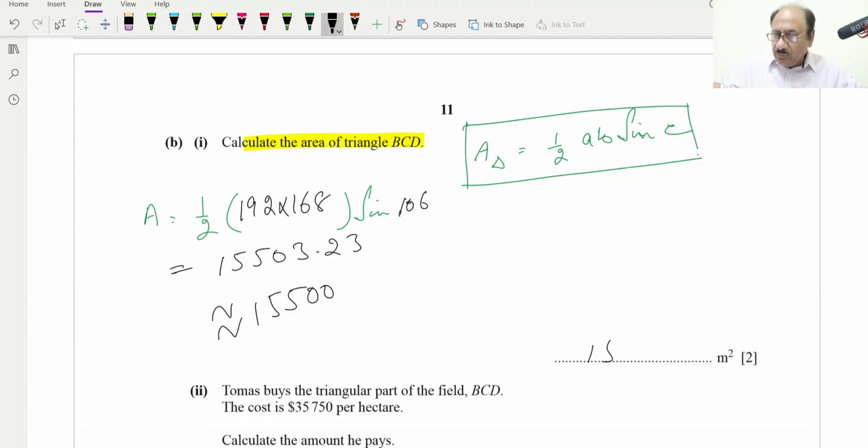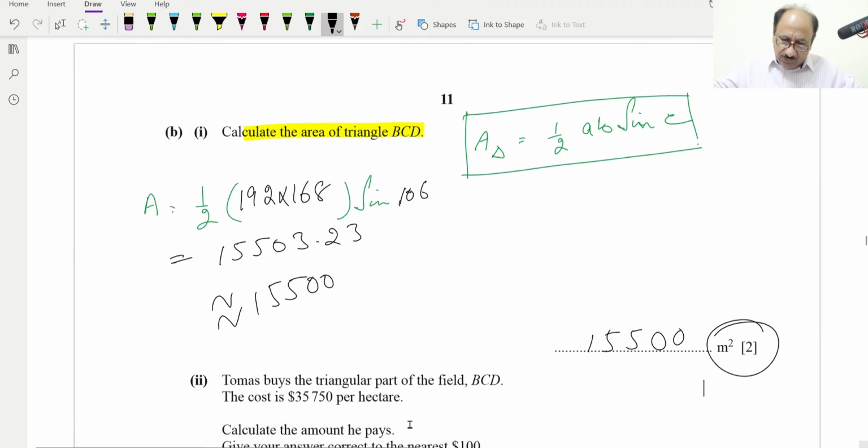So our answer will be 15500 meter square, which is a 2 mark question.